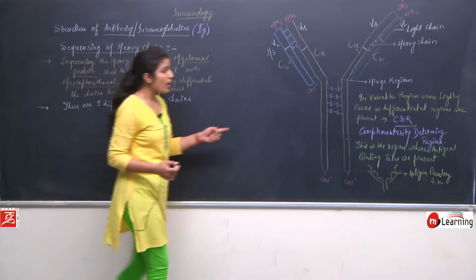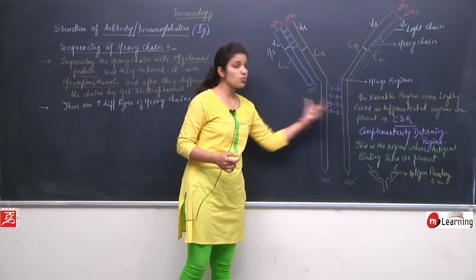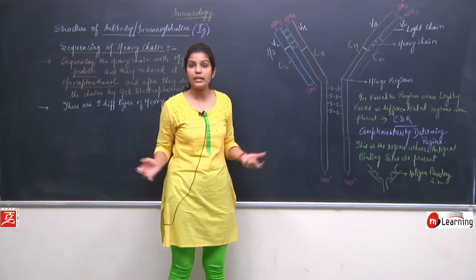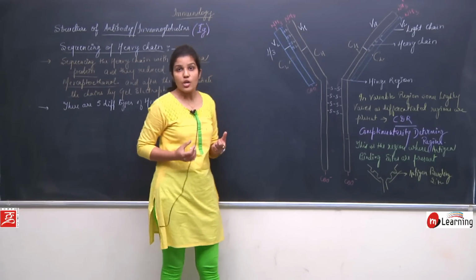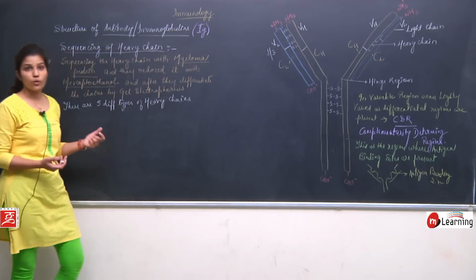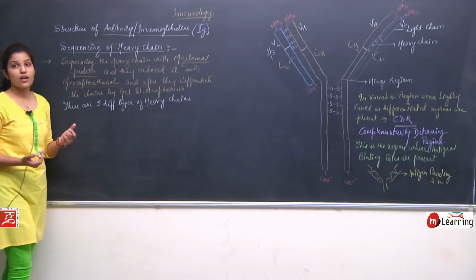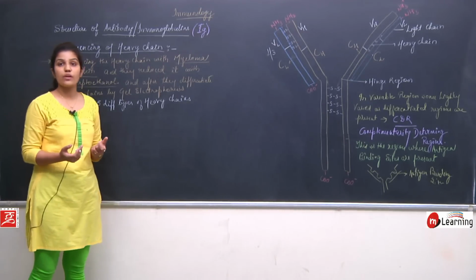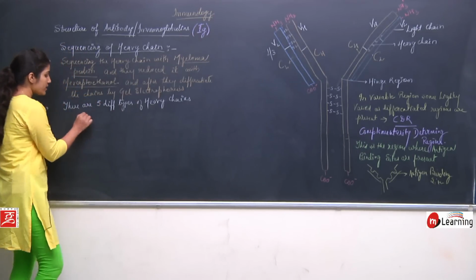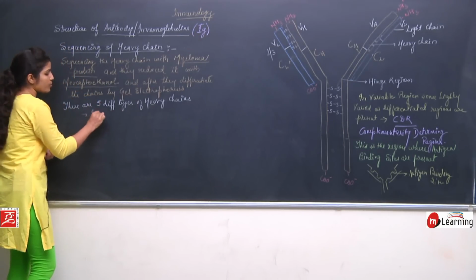One immunoglobulin will have only 2 chains, but there are many types of immunoglobulins. They took the immunoglobulins in bulk. While doing that bulk sequencing they found that the heavy chains of all these antibodies were of 5 types, and they called them isotypes.